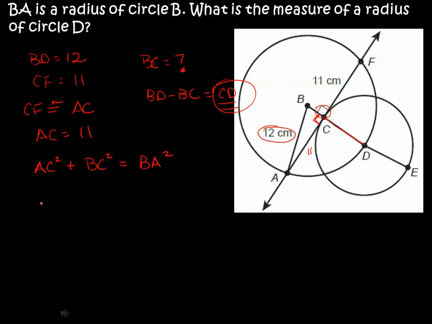Okay, so AC is going to be 11. BC I don't know. And BA is 12. So in your calculator, let me get my calculator.